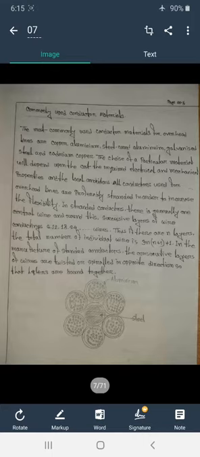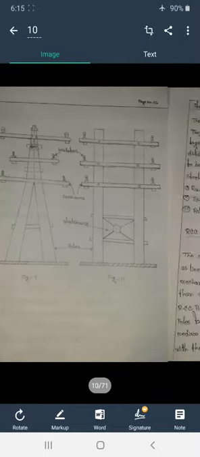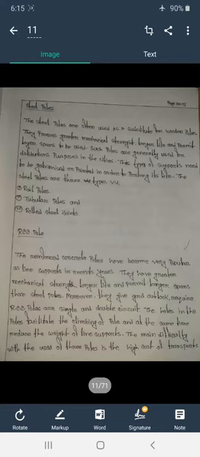The total number of strands is 3n squared plus 3n plus 1 in the manufacture of standard conductors. The layout of the wires in the conductor is shown in the figure: aluminium conductor steel reinforced.